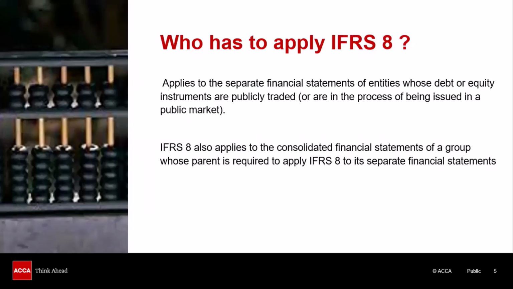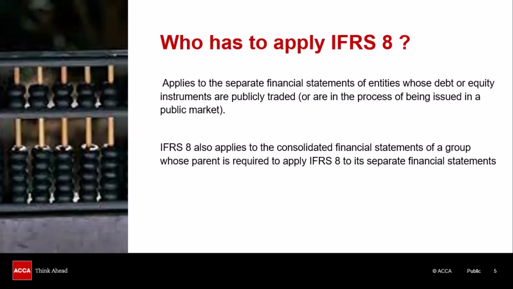They're raising finance from the public, so they have to provide more information. They cannot provide just one figure for profit, one figure for revenue, one figure for assets. They need to break this down. Why? For enhanced transparency, better decision-making, performance evaluation, better resource allocation, and also for risk assessment.